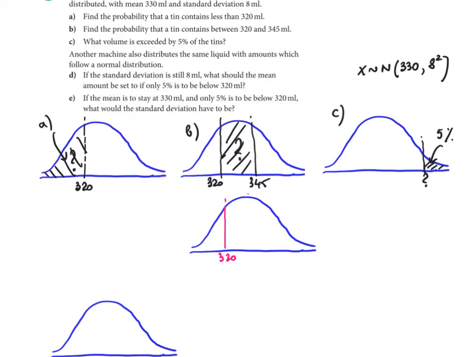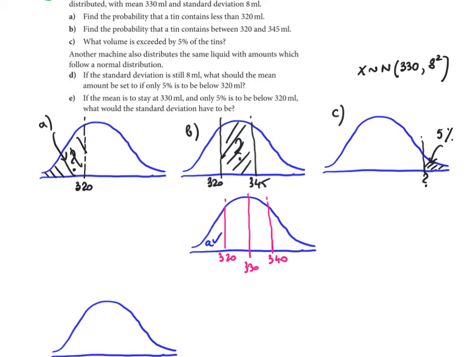I thought for a moment, the mean is 330. Oh, if they asked me from 320 to 340, but unfortunately, no, they didn't. If they ask me that, see how this is symmetric. And from question A, I know this area. Let me call it A, whatever. It's my answer in question A.